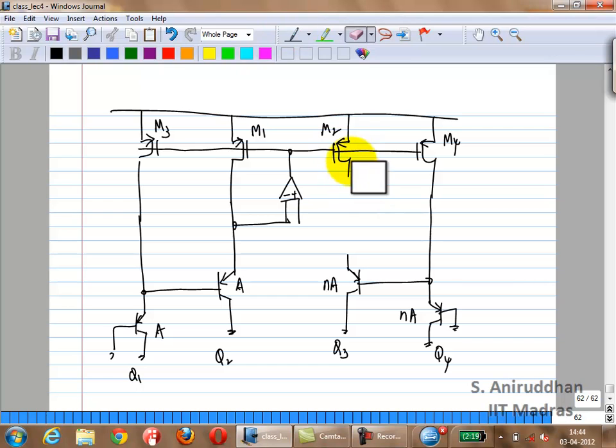Okay, this is what this particular band gap looks like. This is your output.